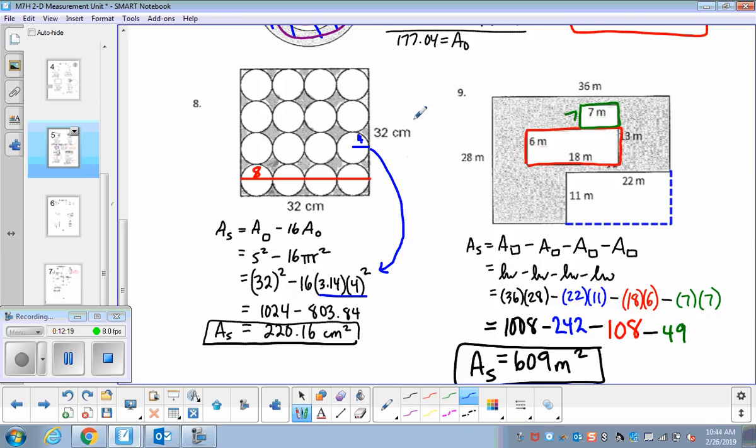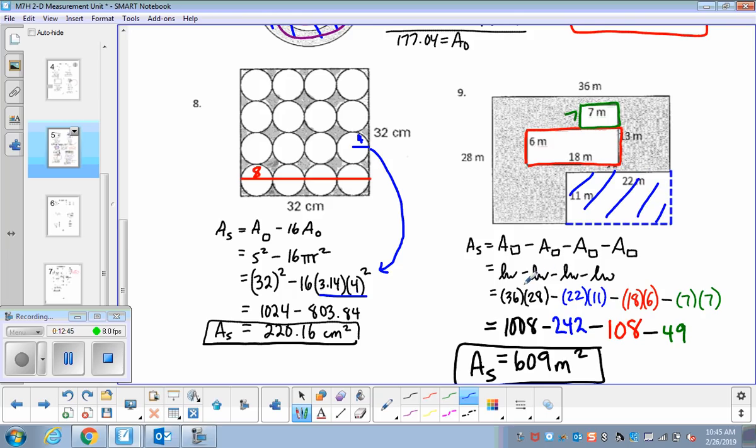Now for number 9, the way it looks on your worksheet, you might be thinking that you're going to take this weird gray stuff and remove the red and the green. I'm actually going to suggest that we take one big huge rectangle, and I've outlined it here in blue to help you see it. Then we're going to subtract this 11 by 22.